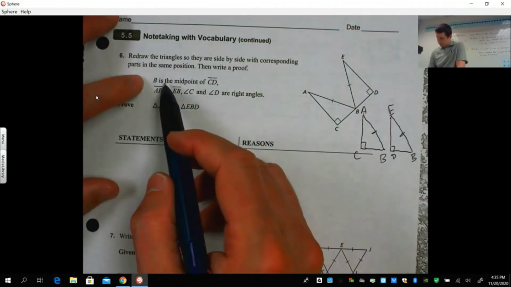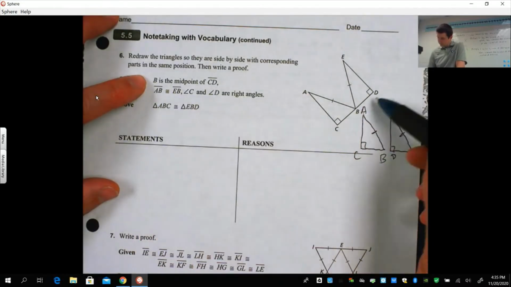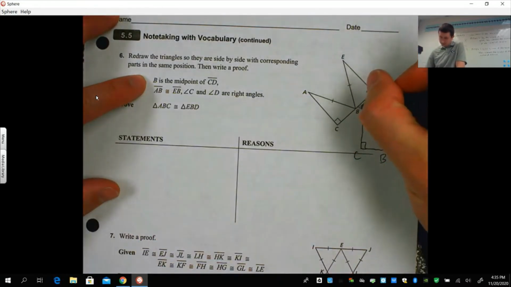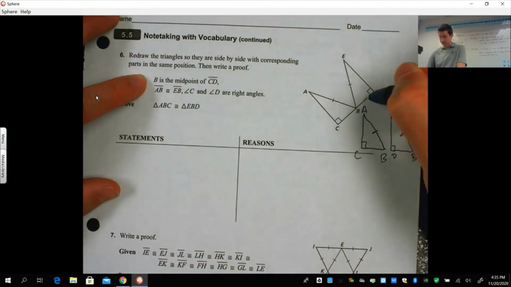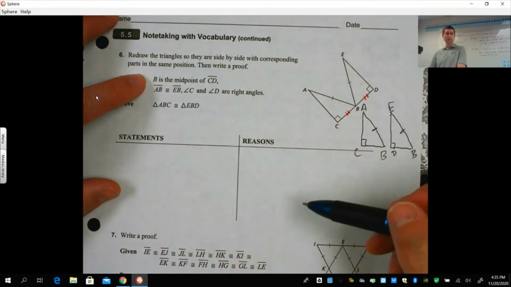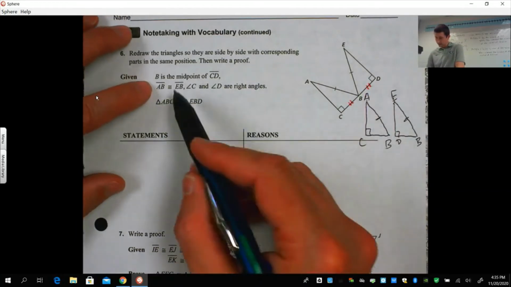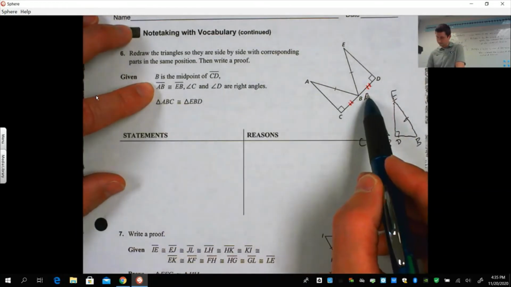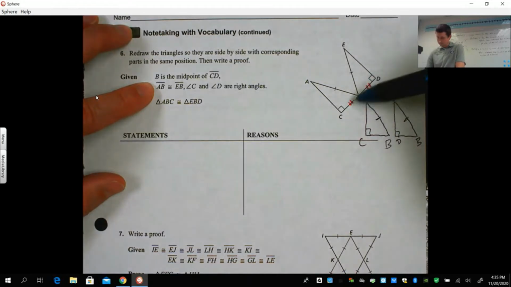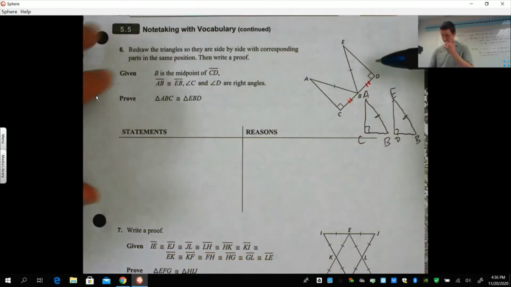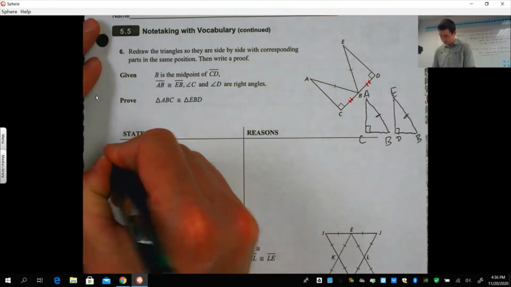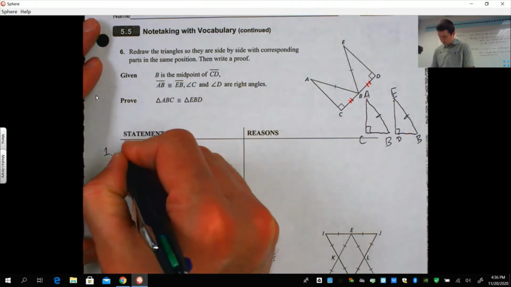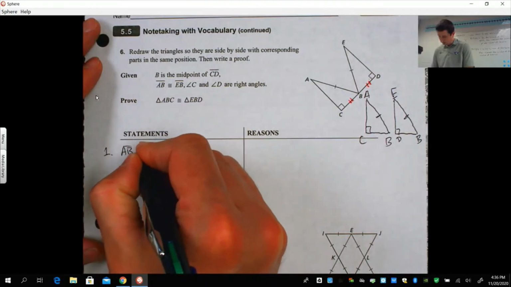So our given is that B is the midpoint of CD. A lot of times I'll write down my diagram, and when they give me something, I think, what does that tell me? Well, if B is the midpoint, that tells me that this segment has to equal this segment. That's probably going to be one of our steps as we write this proof. AB is congruent to EB. We have that. C and D are right angles. We have that as well. So our first step is always the givens. AB is congruent to EB.